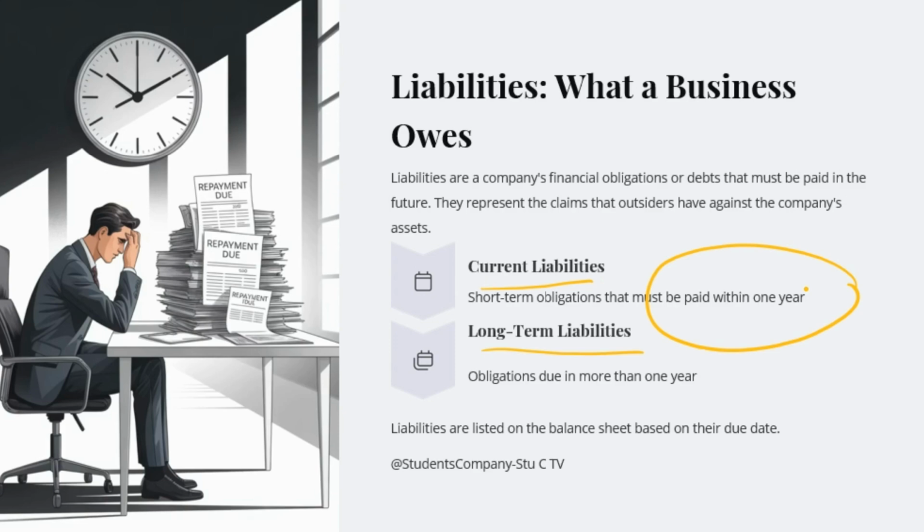It is current. And long-term liabilities are long-term loans of the business. So in current liabilities, we can have CC, OD, etc., and short-term loans, short-term borrowings. And most of your long-term loans will be in long-term liabilities, which have to be repaid in more than 1 year.